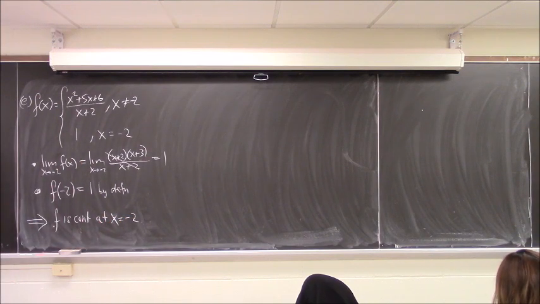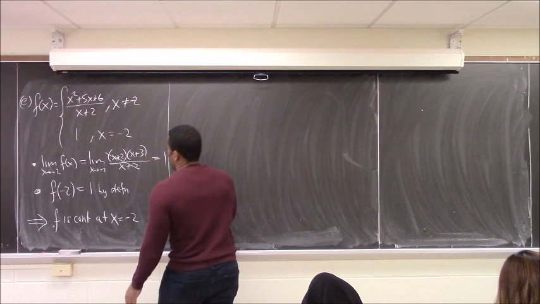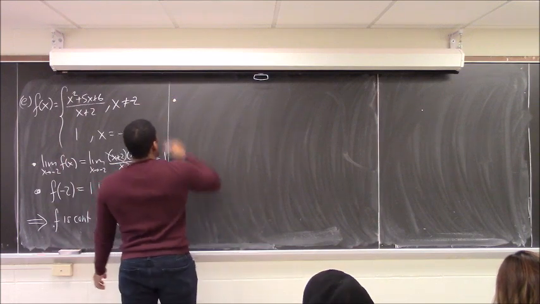To be able to say it's continuous everywhere, that's a separate consideration. All you looked at here was the point -2. Now you have to make a statement so I know you're actually considering it.